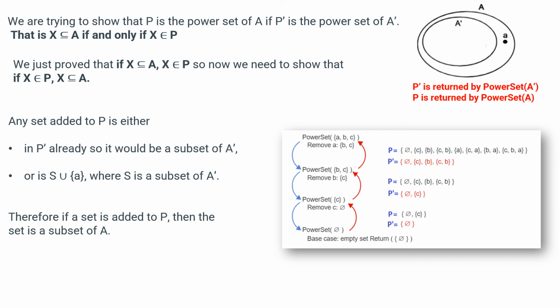We're going to call that set A. And we showed that if we have a set that's a subset, it does show up in P. And then we also showed that if we have something in P, it really truly is a subset of A. So because of all of that, now we can say that we have proven this theorem, the proof of correctness for this.